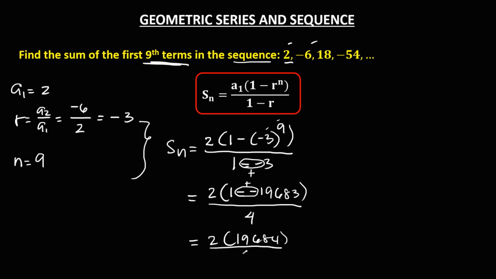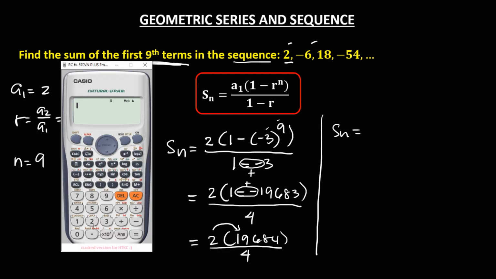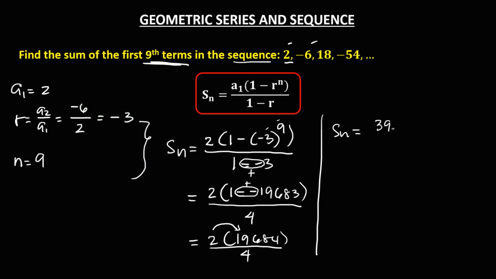So that's 19,684 over 4. Then to simplify, multiply 2 times 19,684, which equals 39,368.